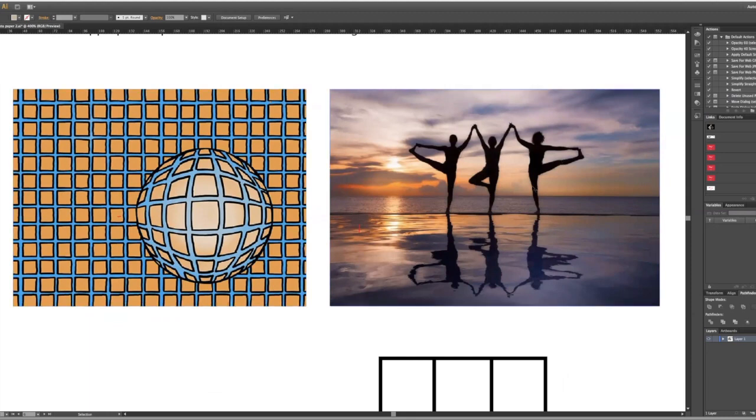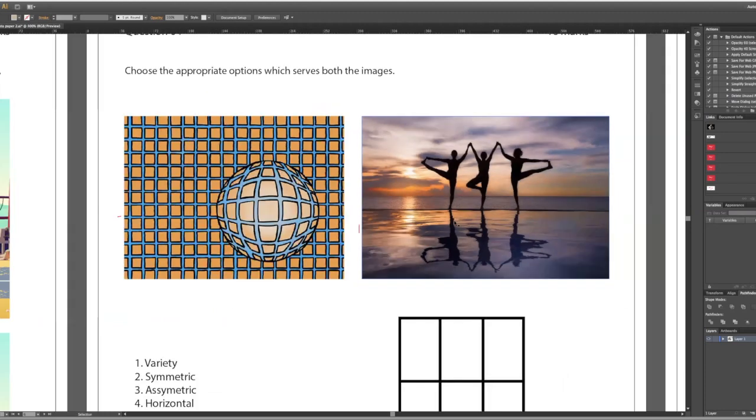Always remember, whenever there is positive space, there will be a negative space. Then only the image will be balanced. Otherwise, it won't be good as a picture, or as a composition. Here both the pictures are in harmony.